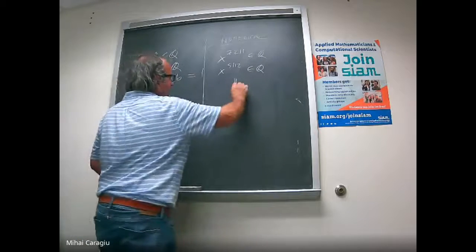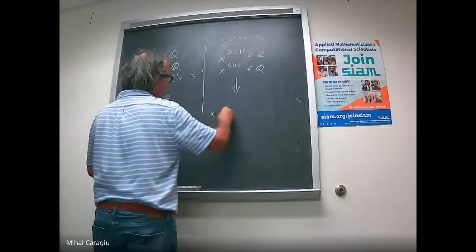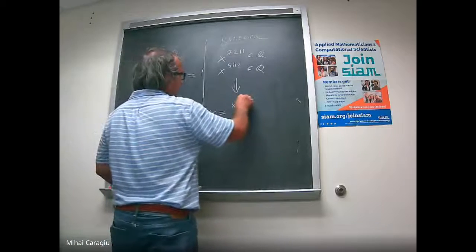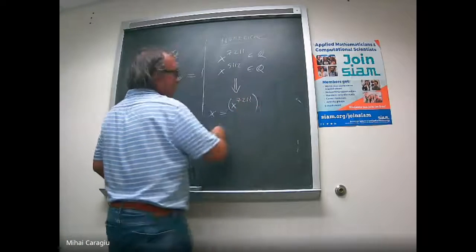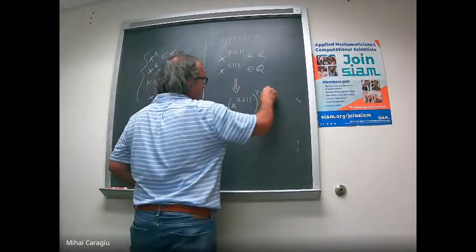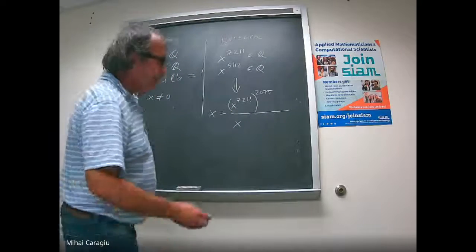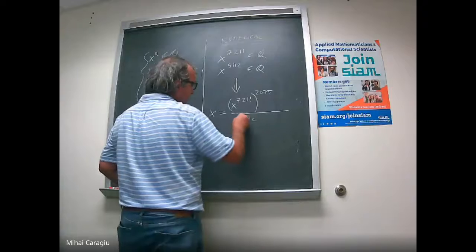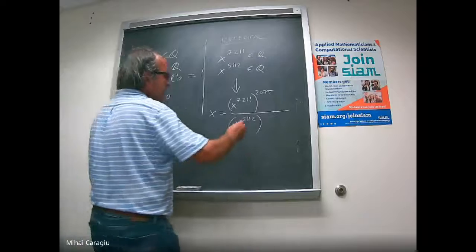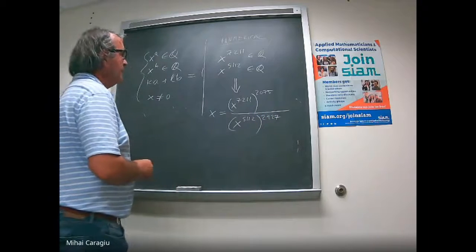So from these two, after applying the extended Euclidean algorithm, we'll get x equals x to the power 7211, everything to the power 2075, divided by x to the power 5,112, everything to the power 2,927. That's exactly x.